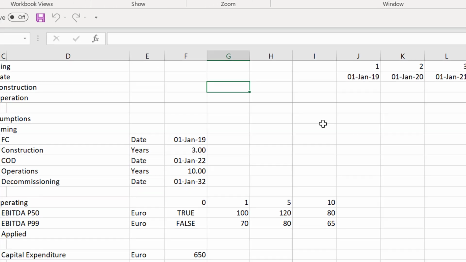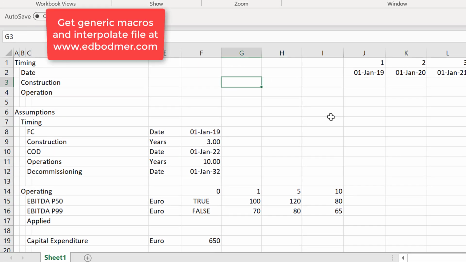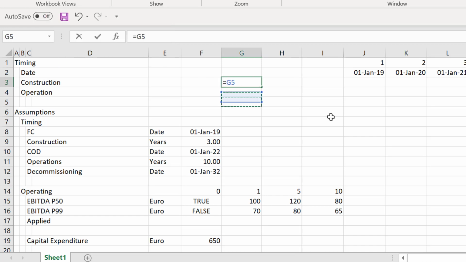And then we can put the construction period in, and let's use column G as our first little column. So we'll start here and we'll end here. This we can put start and end. And I have to relax.